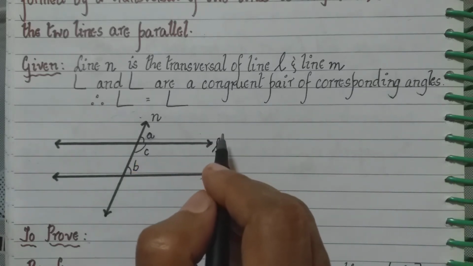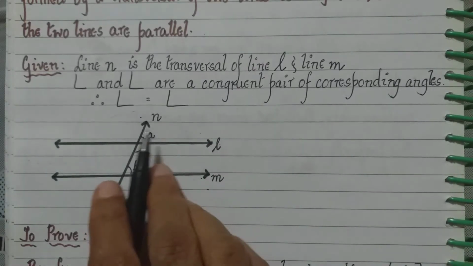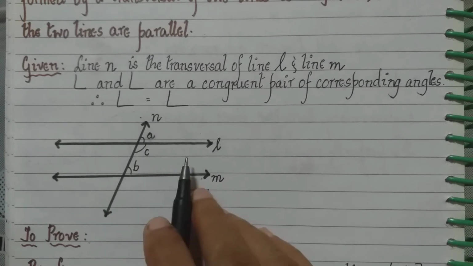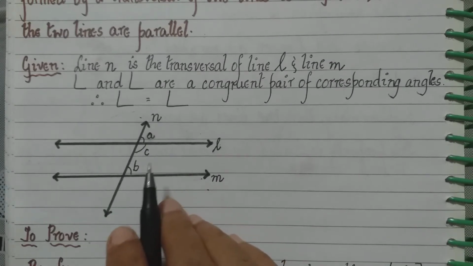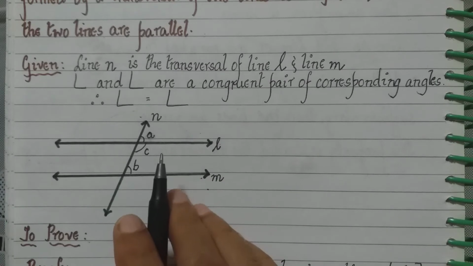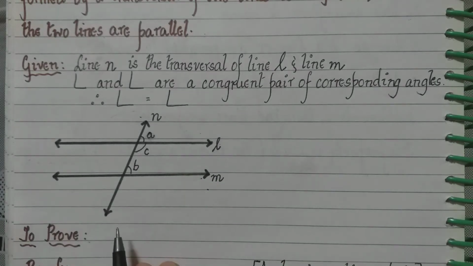What are corresponding angles? Corresponding angles are the angles formed on the same side of the transversal. At the same time, they should both be above the line or both be below the line.